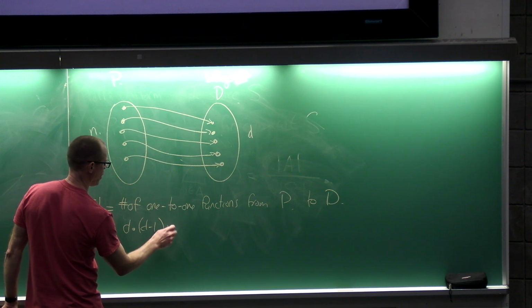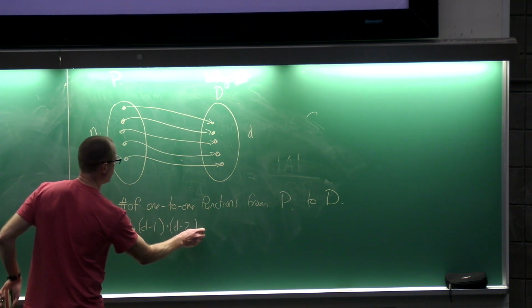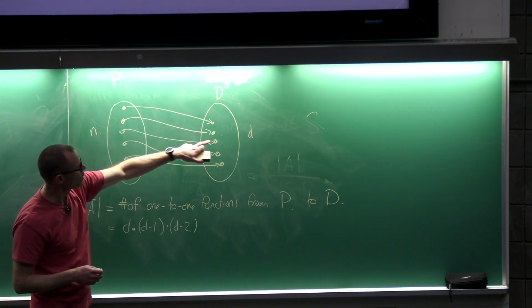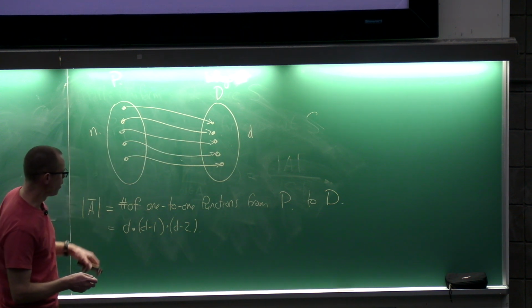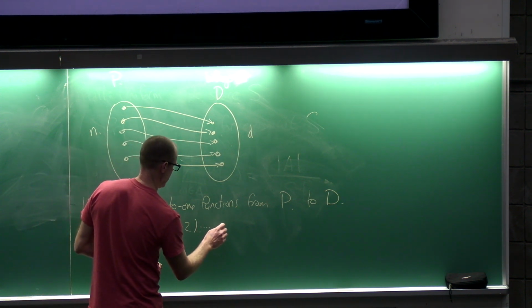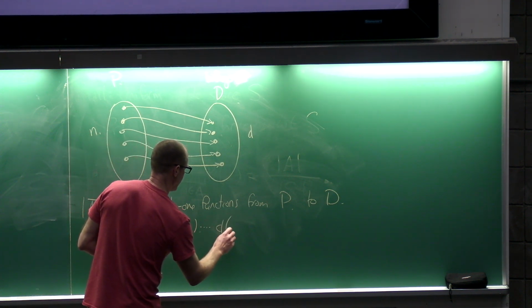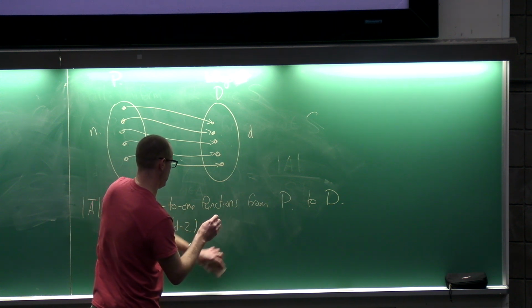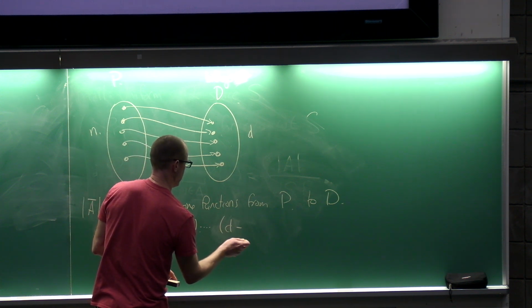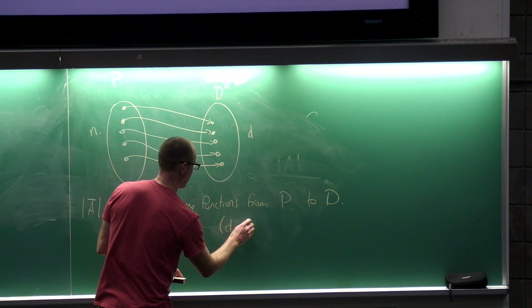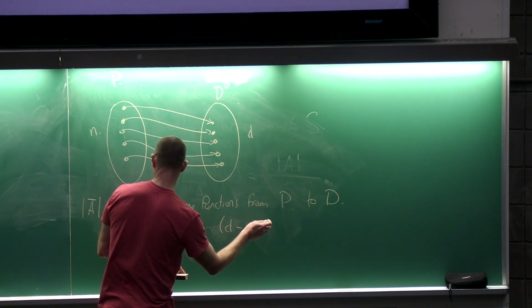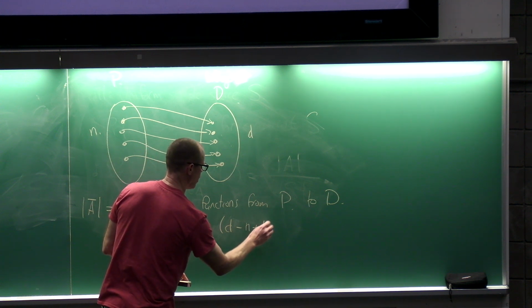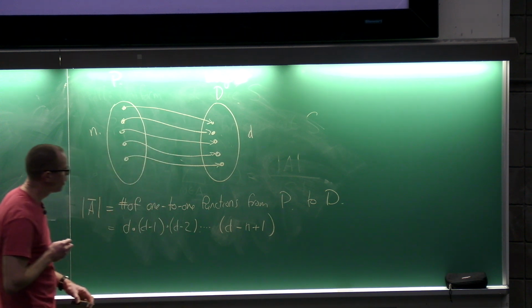And the third person can pick any of the D minus 2 days that were not chosen by the first two, and so on. And then the last person, person number N, can choose D minus N plus 1.